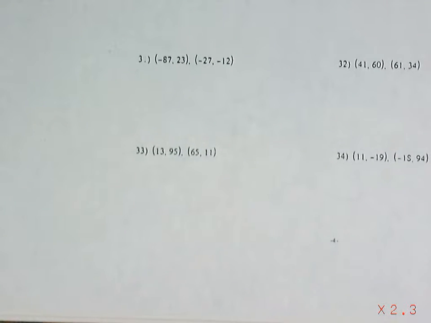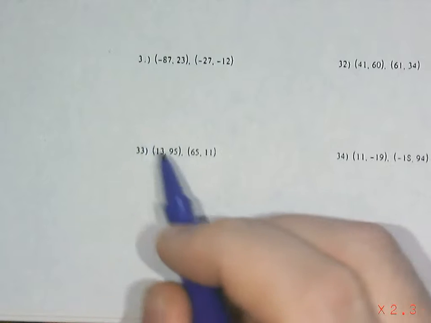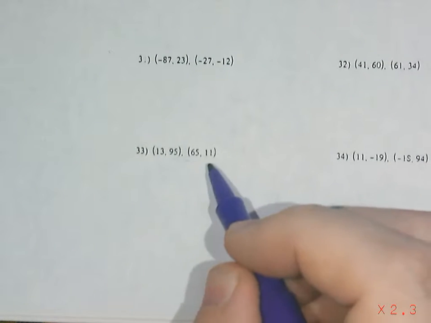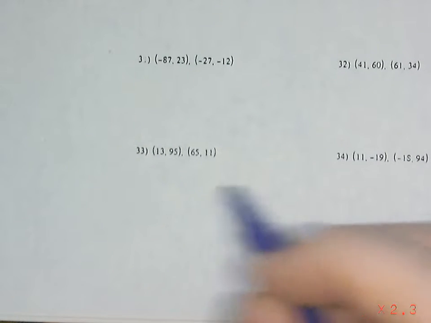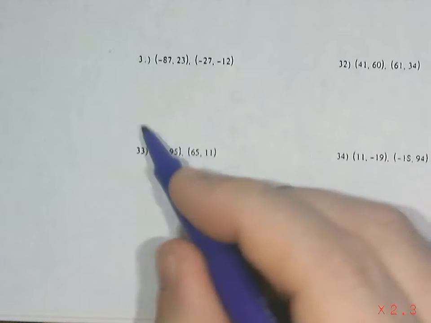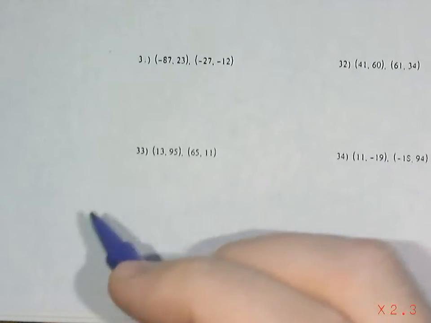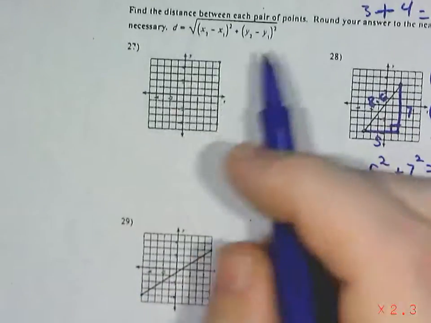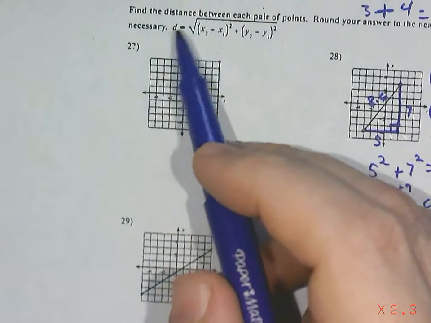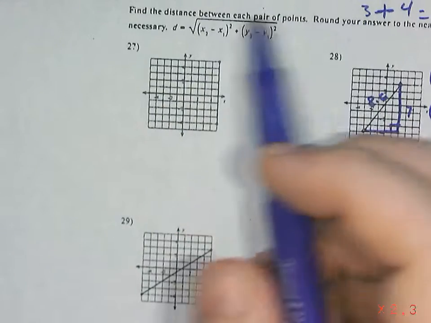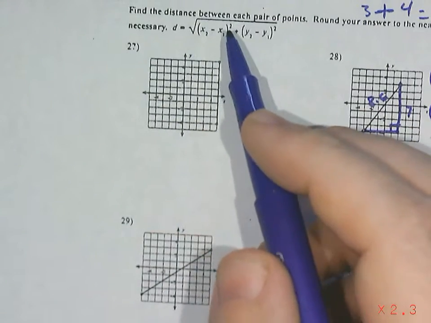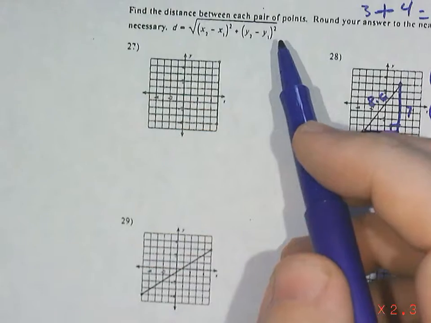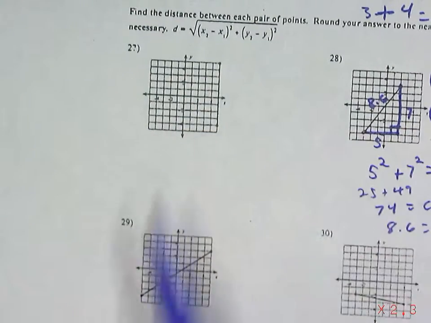So let's look at this one. I want to look at my x coordinates, the 13 and 65. Okay, so I'm going to go ahead and plug them in. Now the distance formula is distance is equal to the square root of x2 minus x1 squared plus y2 minus y1 squared.